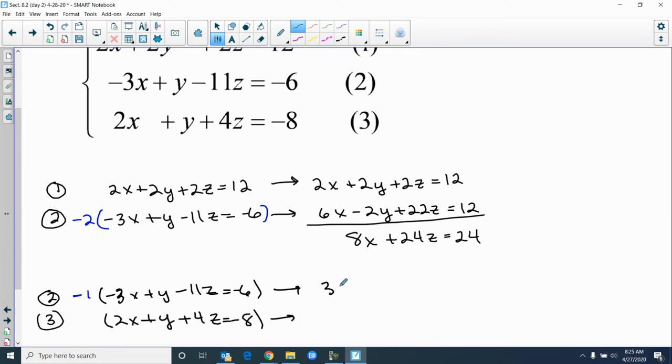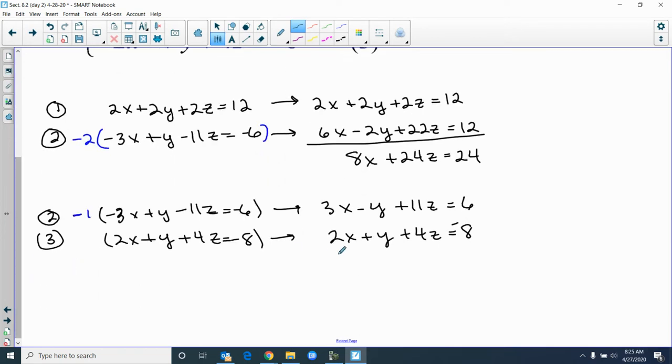That gives me 3x minus y plus 11z equals 6. And that gives me 2x plus y plus 4z equals, I need to be careful there, negative 8. Combining those, I get 5x plus 11 and 4 is 15z equals negative 2.